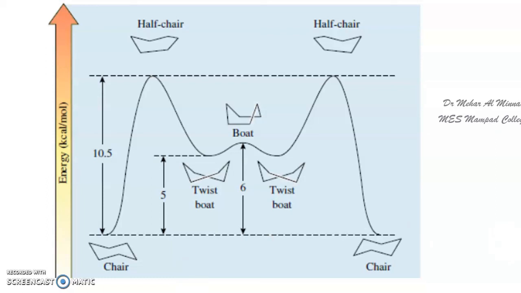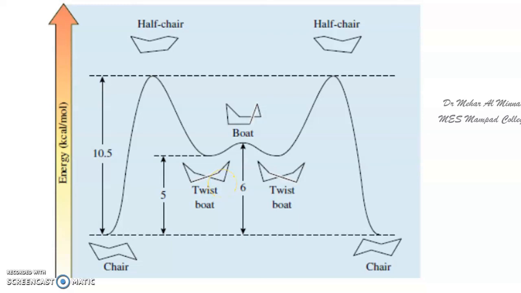Now you see here the energy difference between the chair, boat and twist. Particularly the difference between the boat and twist is so low that we cannot separate them. Separation of these conformations is not possible at room temperature. And at room temperature, there is so much interconversion, almost 1 million interconversions happening every second, as I said earlier.